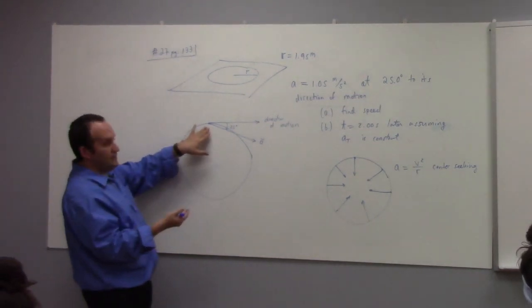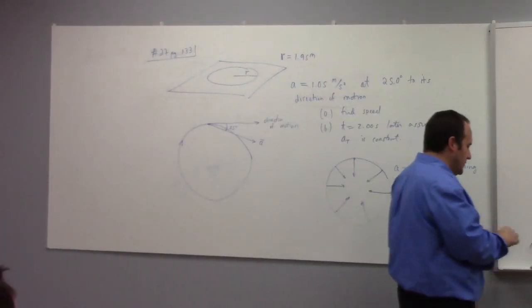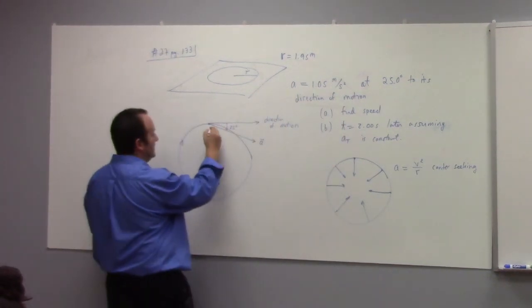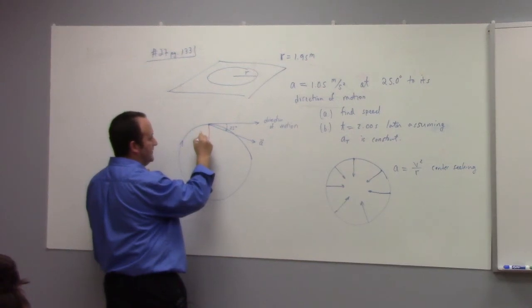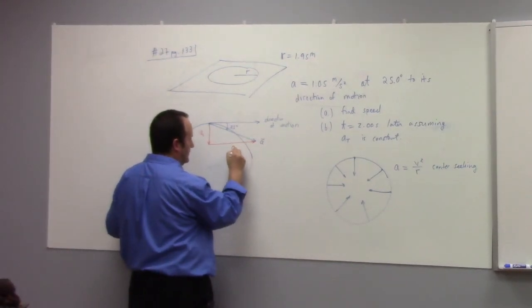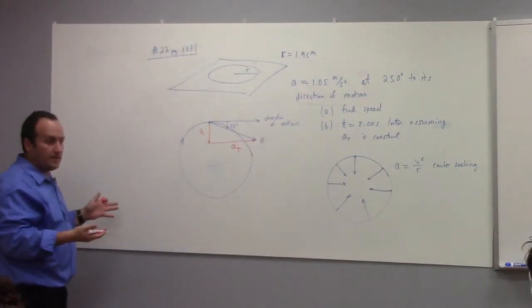If you look at the geometry here, let me use some color coding. We can break the acceleration into two pieces: the center-seeking part, which I could call a sub c, and the tangential part, which I could call a sub t.